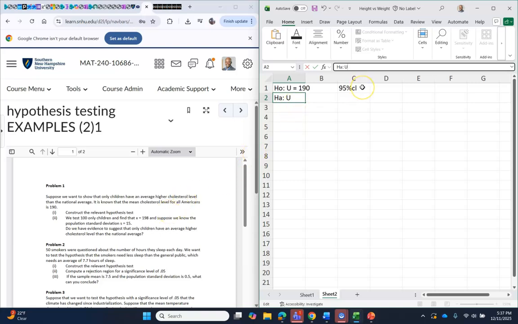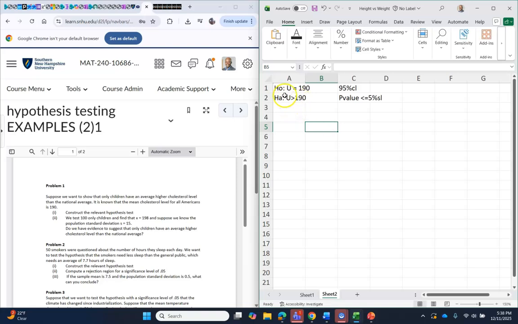To show something higher than, we have to use greater than, so it should be more than 190. And we need to prove that with the p-value being less than or equal to the remaining 5%, and that is the significance level.